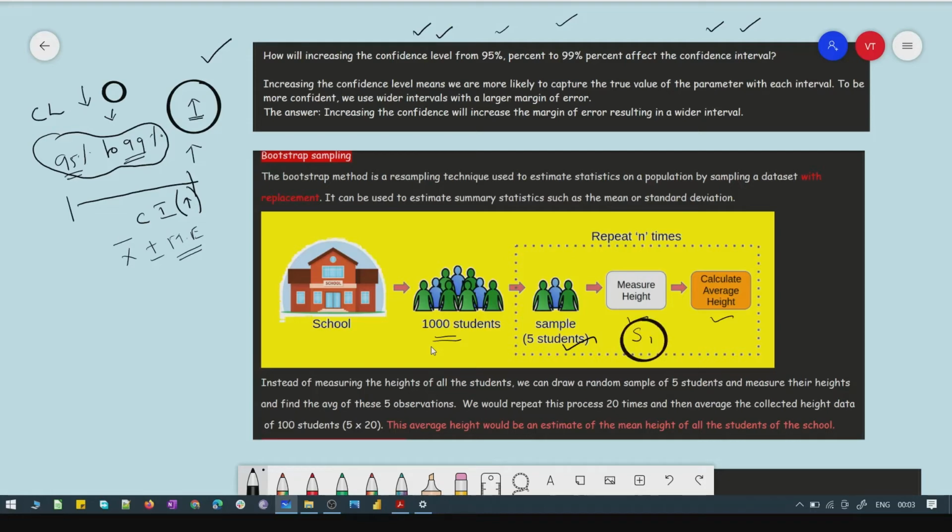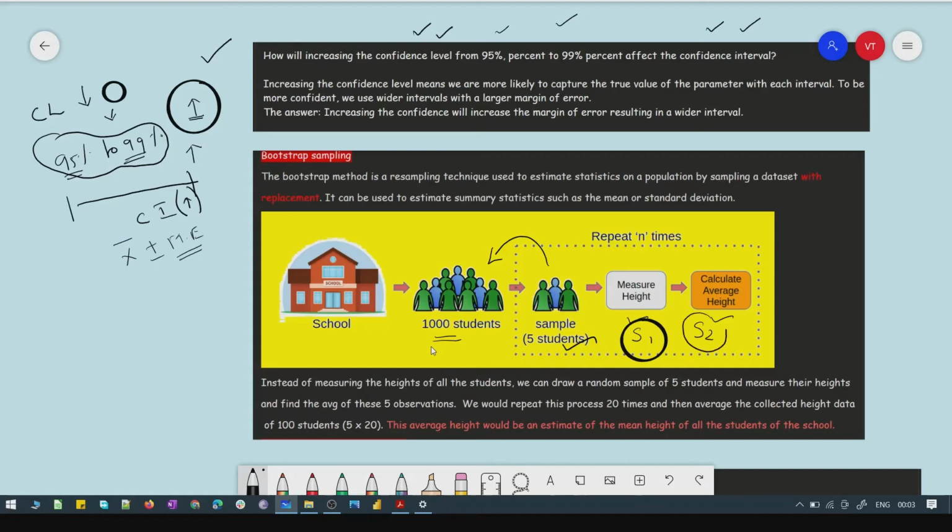Now I repeat the same process: I put these 5 people back into my population and take another random sample of 5 students, measure their height and determine their average height, and that will be my S2.